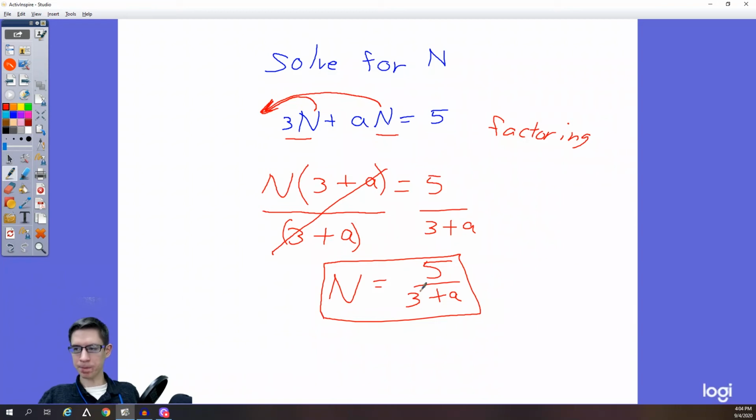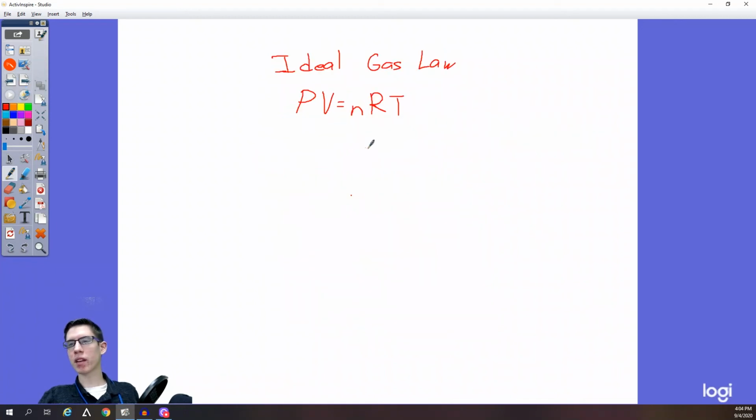Okay? Now, why do we care? Why do we care about any of this? Well, we care about this for this reason, okay? This is not a science class, so I'm not going to spend a lot of time talking about the ideal gas law and how it works. Just suffice it to say that this law exists. It is a law used to describe any kind of gas in our world.